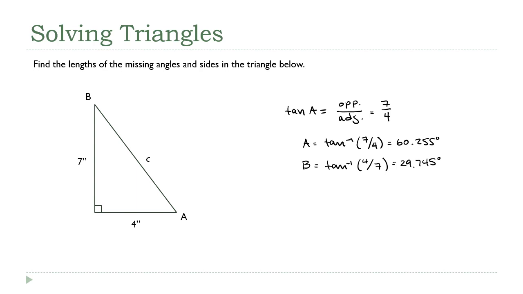All right, and that leaves C. Well, now you've got options. You certainly could do this using the trig methods we did in the last slide. For example, I could say not tangent, let's say the sine of A. Remember, the sine is the opposite over the hypotenuse.